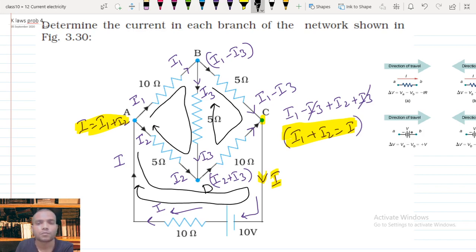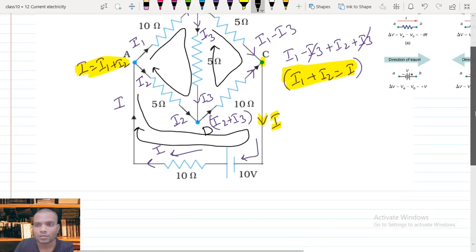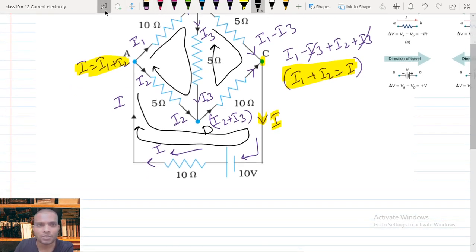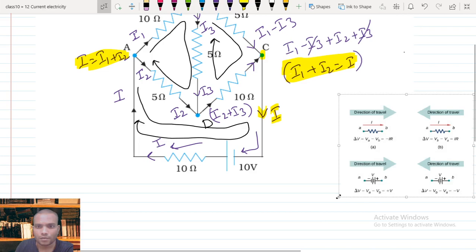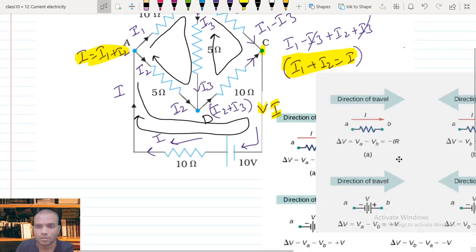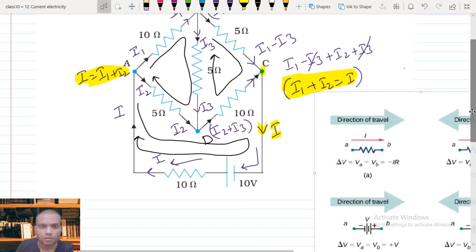Now we need to apply Kirchhoff's sign conventions to each loop. I'm encouraging you to remember the sign conventions, because you may not get a sign convention chart or help during the examination.